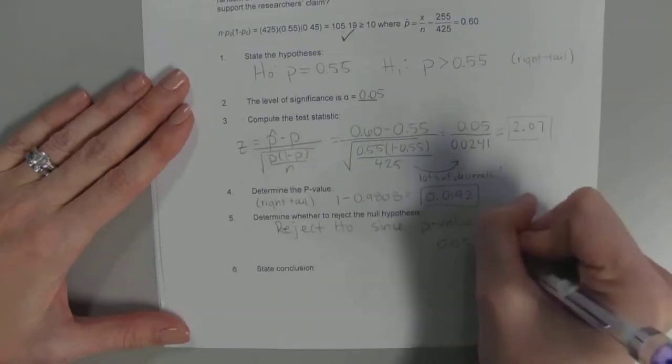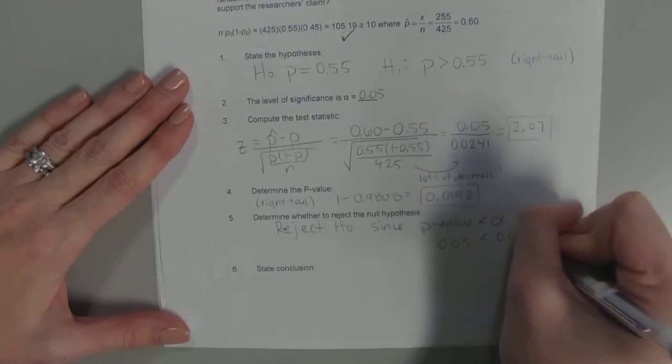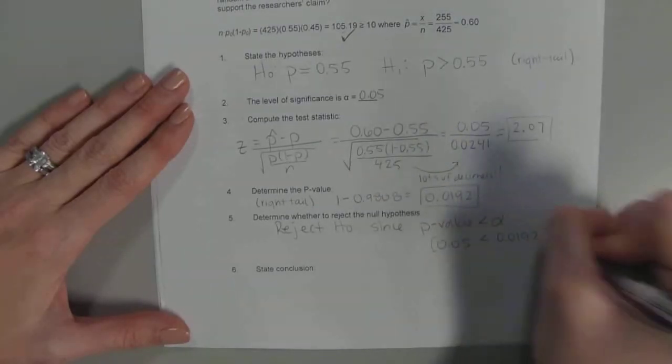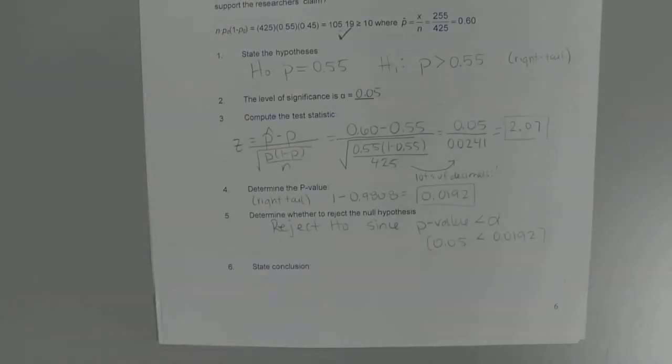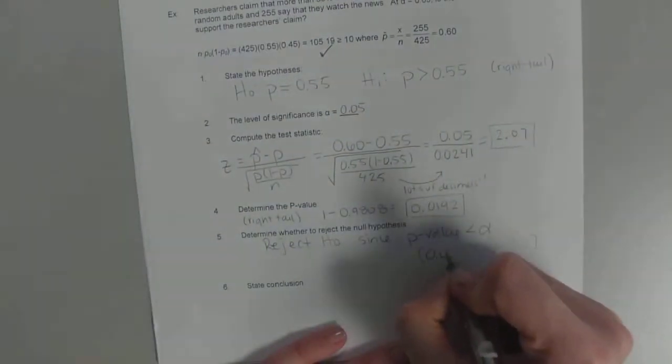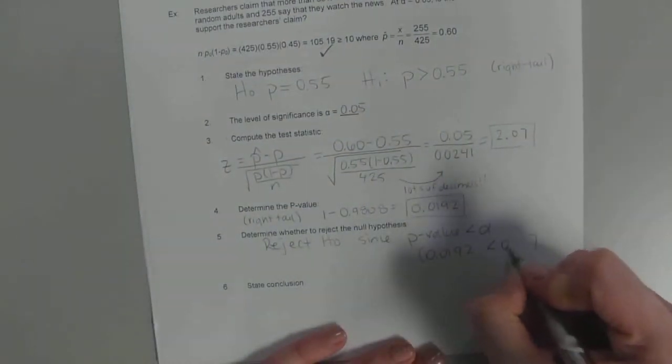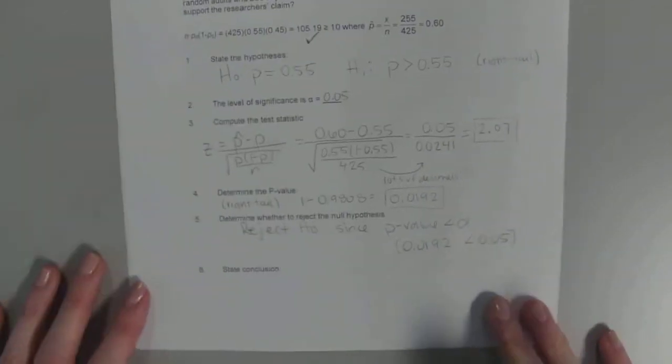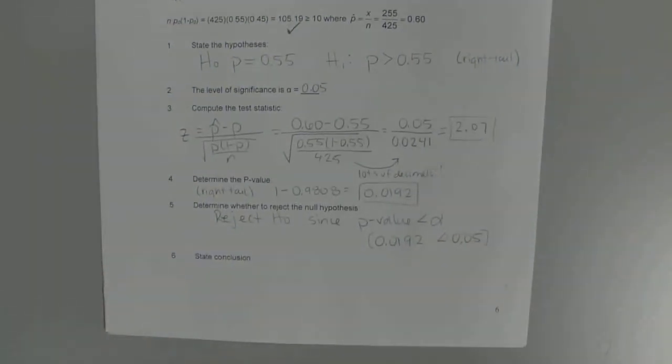Our p-value is 0.0192, and that's less than our alpha of 0.05. Oops, I flip-flopped it, sorry. Anybody question that? Eek, erase that. I'm sorry about that, guys. I'm glad I caught that before I had you study off of that.